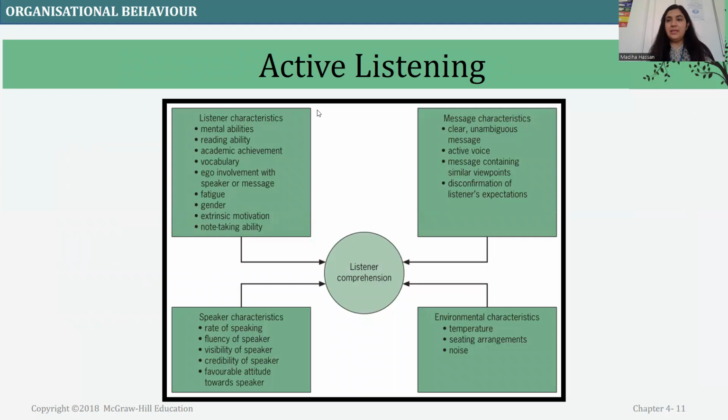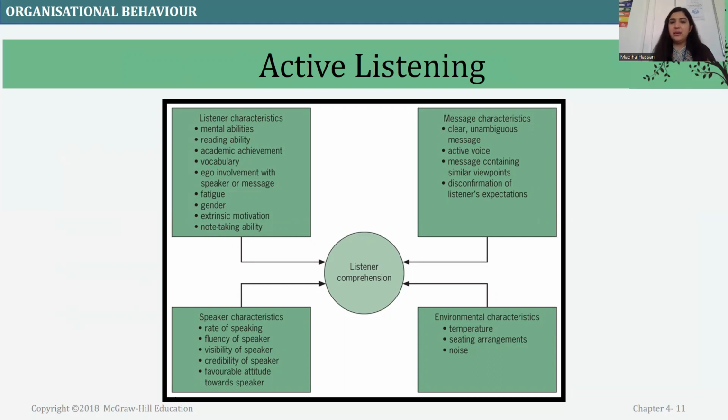Similarly, active listening is very important. Active listening does not only mean listening, responding and then reacting. It also includes mental abilities, reading abilities, vocabulary, ego involvement, fatigue, gender, extrinsic motivation, note-taking ability.